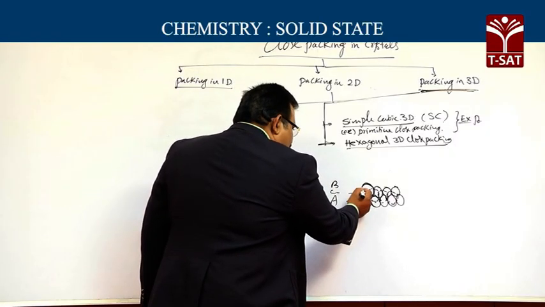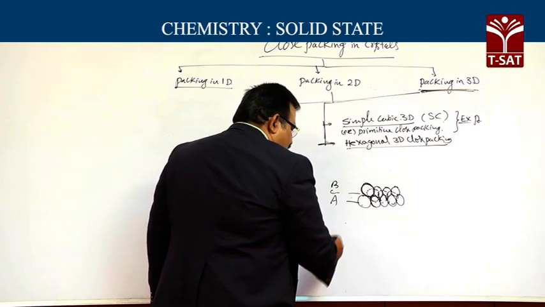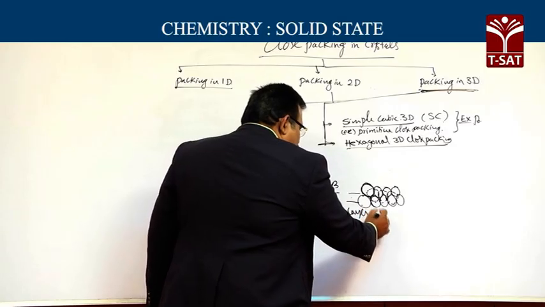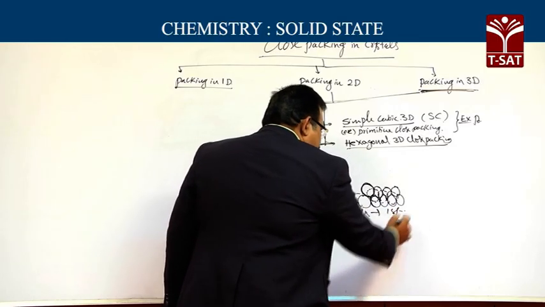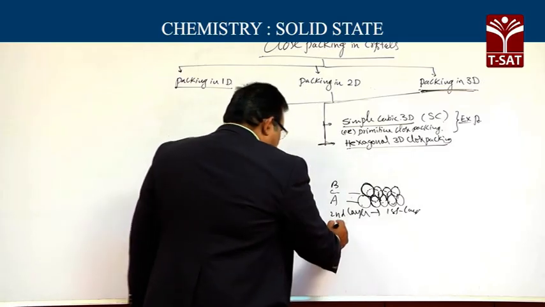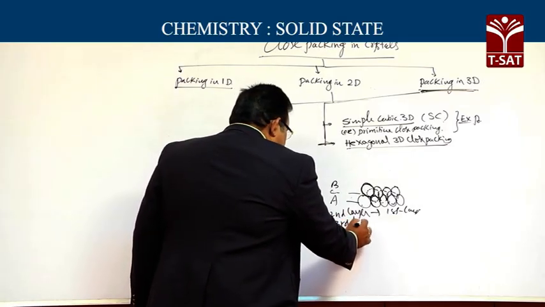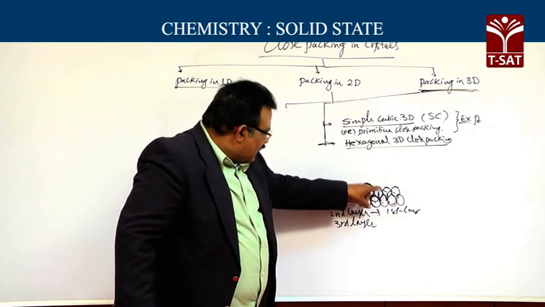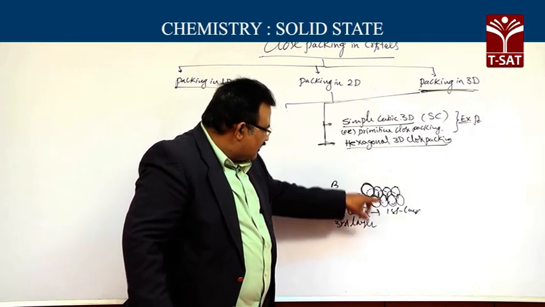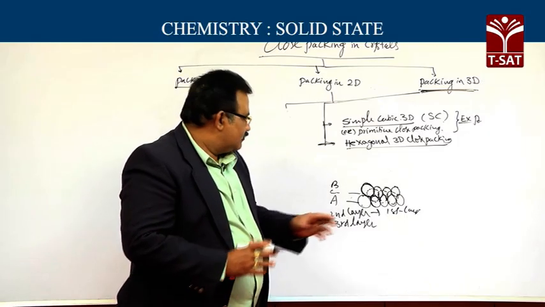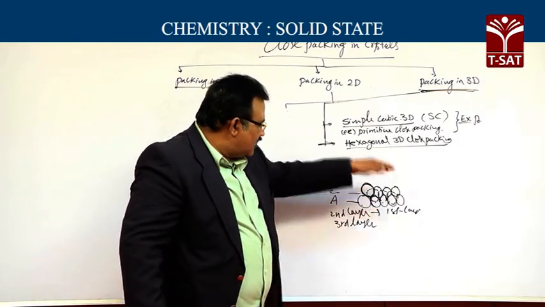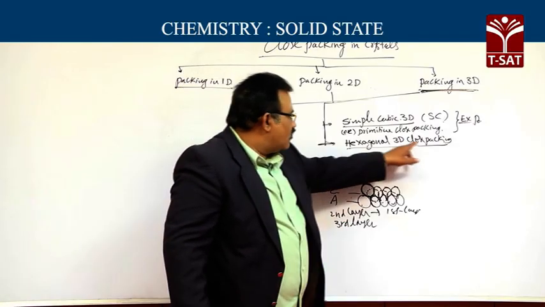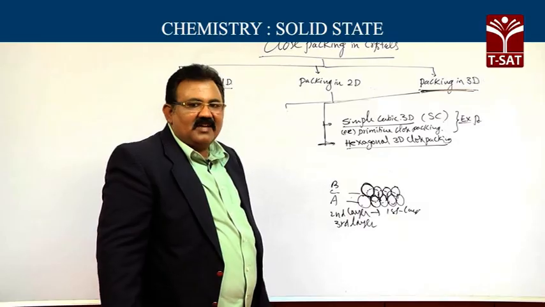First layer, second layer is in the depression of first layer, and the third layer fills the tetrahedral void. If the third layer fills the tetrahedral void, then hexagonal 3-dimensional close packing will occur.